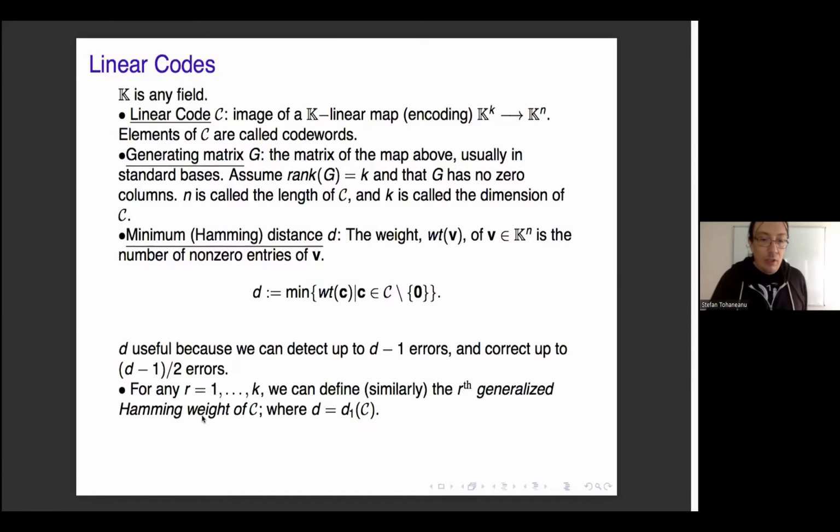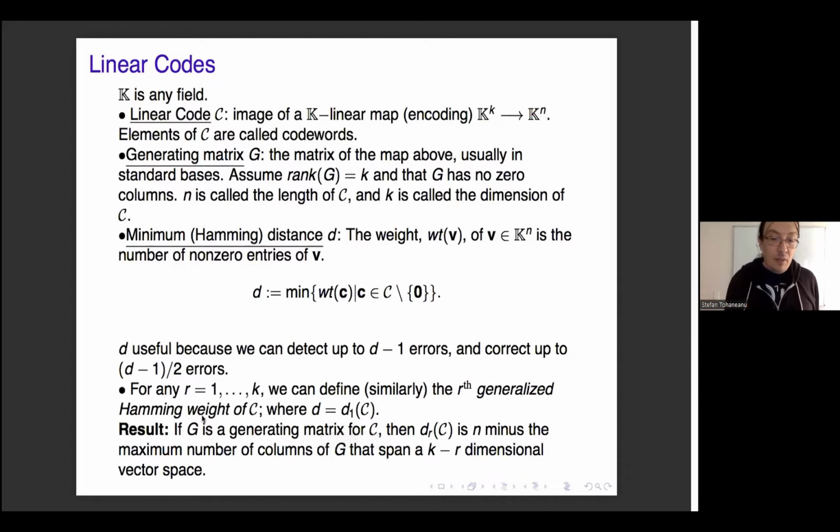Now, I'm not going to go into the definition. We can define a generalized Hamming weight of a linear code, for each r from 1 all the way to k, the dimension. And d1 is actually the minimum distance that we saw above.